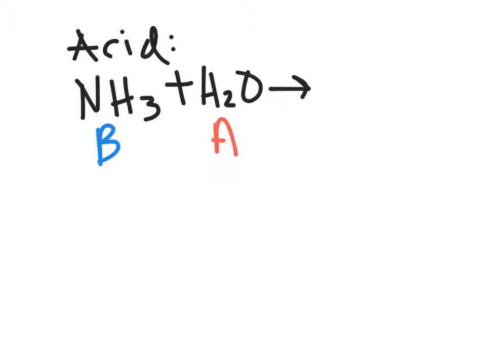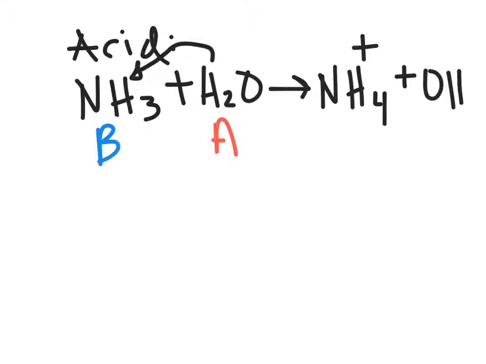When those react, the acid will transfer a proton from its molecule onto the base, which gives us NH4 with a positive charge because we've added a proton. And then our acid, once it loses its proton, all that's left is an OH minus, a hydroxide.